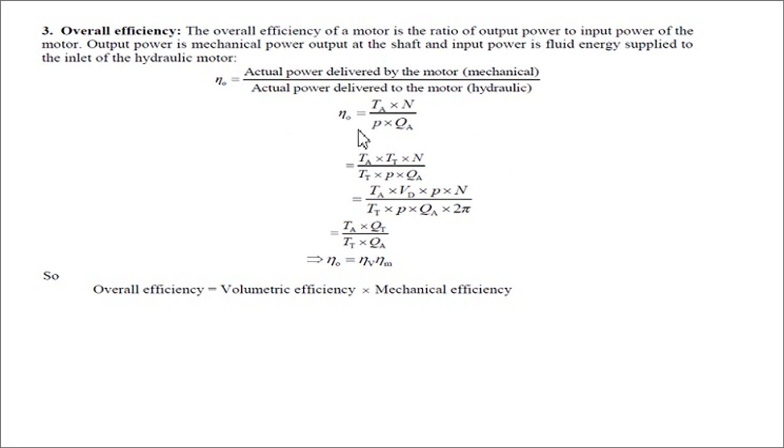The actual power delivered by the motor is given by actual torque multiplied by speed, and the hydraulic power delivered to the motor is given by pressure multiplied by the actual discharge. If we multiply by theoretical torque in the numerator as well as the denominator, we can simplify this term: the overall efficiency is nothing but the product of volumetric efficiency and mechanical efficiency.